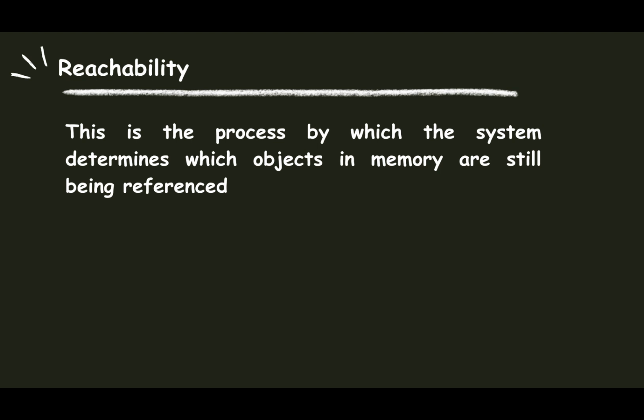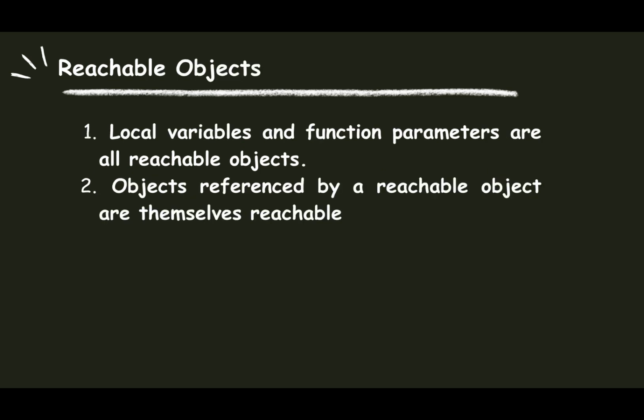An object is reachable if it is referenced by at least one variable in the program, either directly or through references from other reachable objects. Objects can be reachable in only two ways: global variables and objects that are referenced from anywhere in the call stack, that is, all local variables and parameters in functions currently being invoked are reachable, while anything referenced from a reachable object is itself reachable.